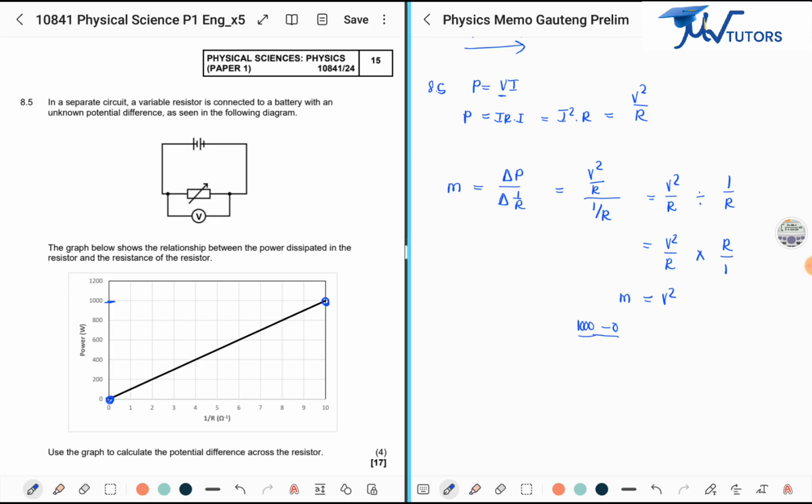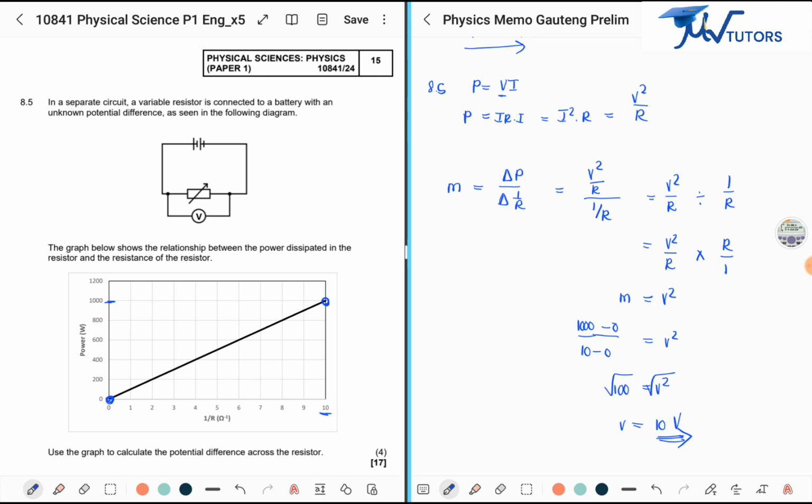And in terms of 1 over R, I will have 10 minus 0. Okay, and that's V squared. So 1,000 divided by 10, that's simply 100. And then if I square root both sides, I'm not going to consider the negative answer. I have that V is actually 10 volts. My goodness. 10 volts. Okay, so there it is.